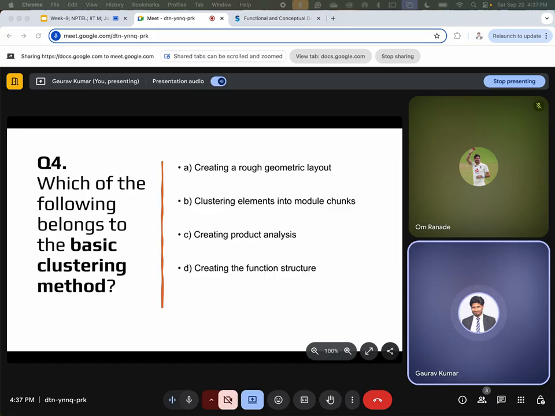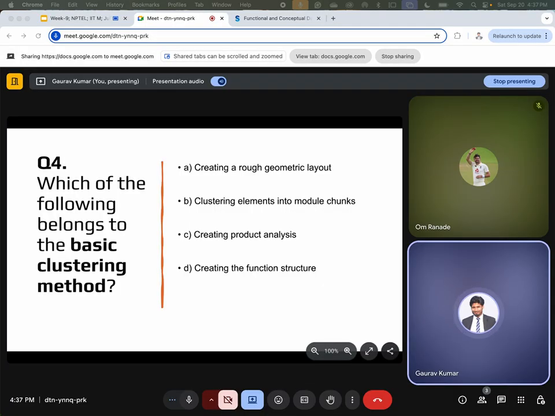Next, designers prepare a rough geometric layout. This helps visualize the physical arrangement of functions and components, showing how they might interact spatially. By linking functions with form, the product begins to take shape.